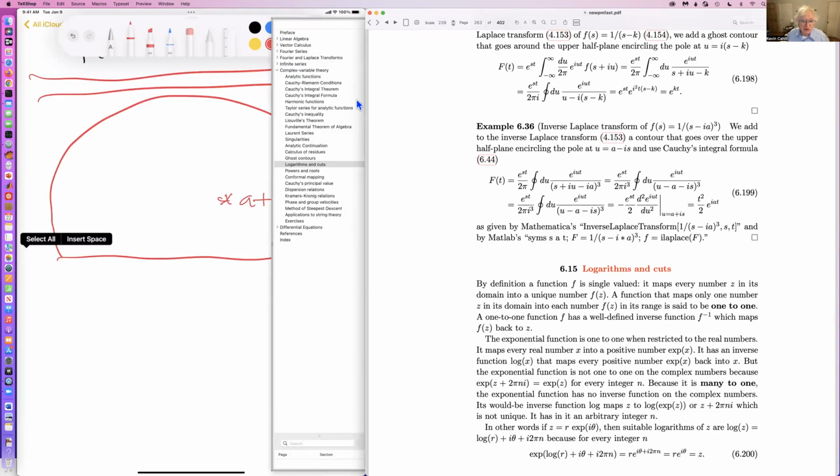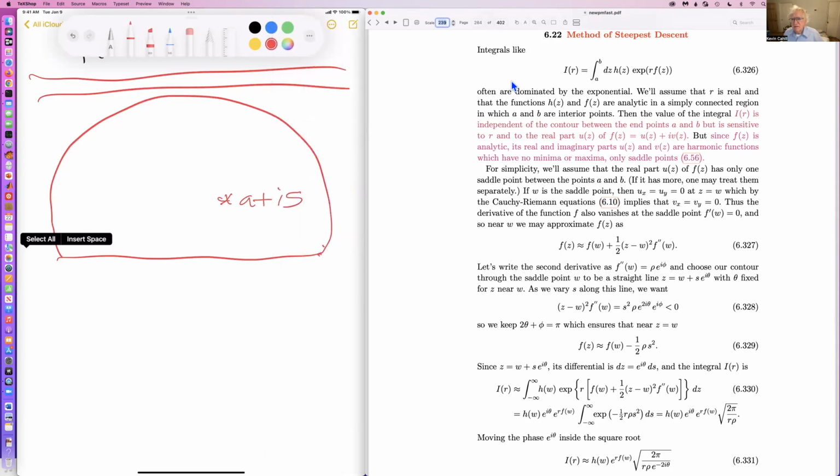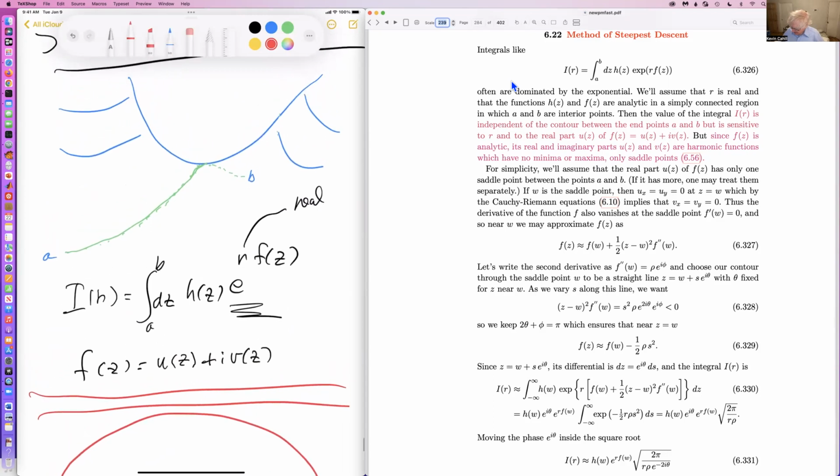So let me just skip now to where we were last time. We were at the method of steepest descent, and I want to just emphasize some of these things. First of all, the idea is that we are doing an integral of this form, and typically an integral of this form is extremely sensitive to the exponent and not very sensitive to h.